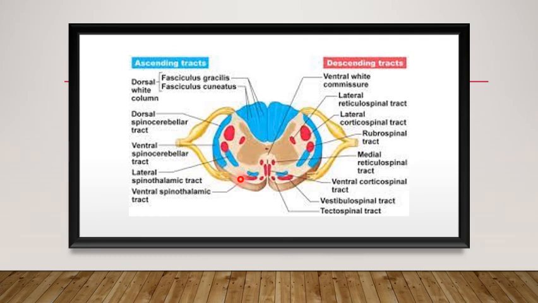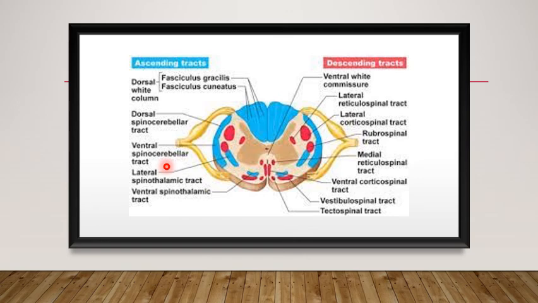These are ascending and descending tract association fibers and commissural fibers. In that, first we have seen ascending tracts में क्या क्या है? There are dorsal column tracts, then there are spinothalamic tracts, spinocerebellar tracts, spinotectal tracts, spino-olivary tracts.